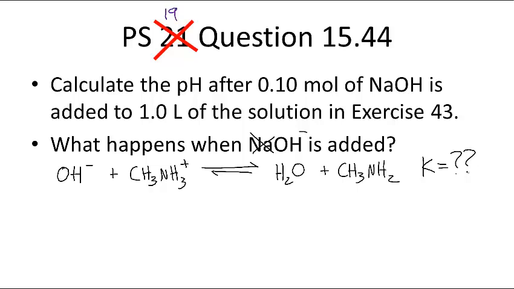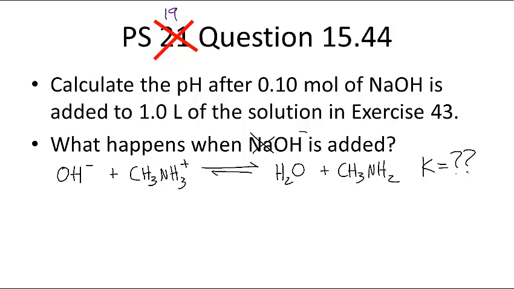Does this equation look familiar? It's an acid-base reaction. Does it look like an equation we would write for Ka? No. Why not? An equation we write for Ka would have H plus in it, and this equation has no H plus in it, so it's not a Ka.